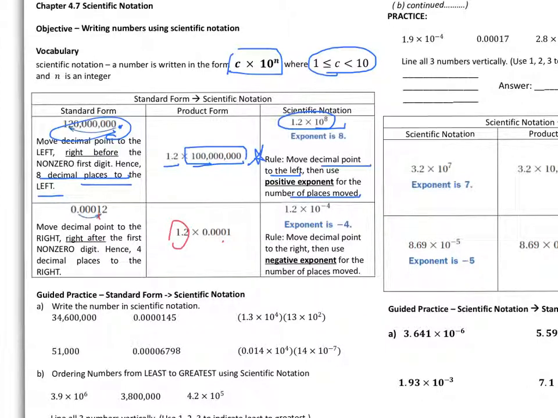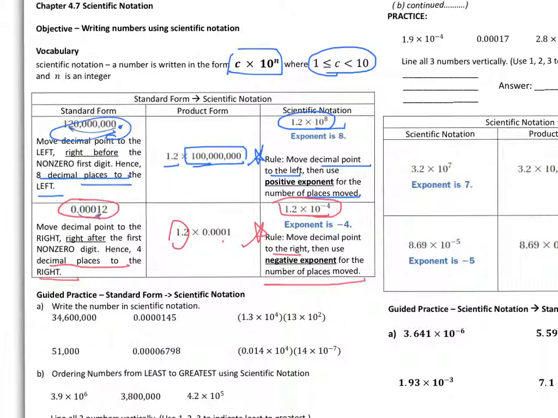So that's 4 decimal places to the right. And therefore, when we write the scientific notation, we need to multiply 1.2 by 10 to the negative 4th power. Okay, so our rule is you got to move the decimal point to the right when you're given such a small decimal number, and then use a negative exponent for the number of places moved.